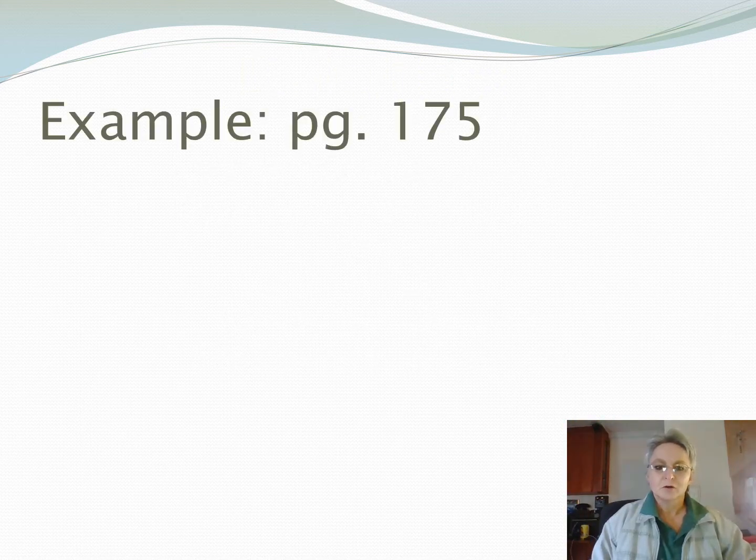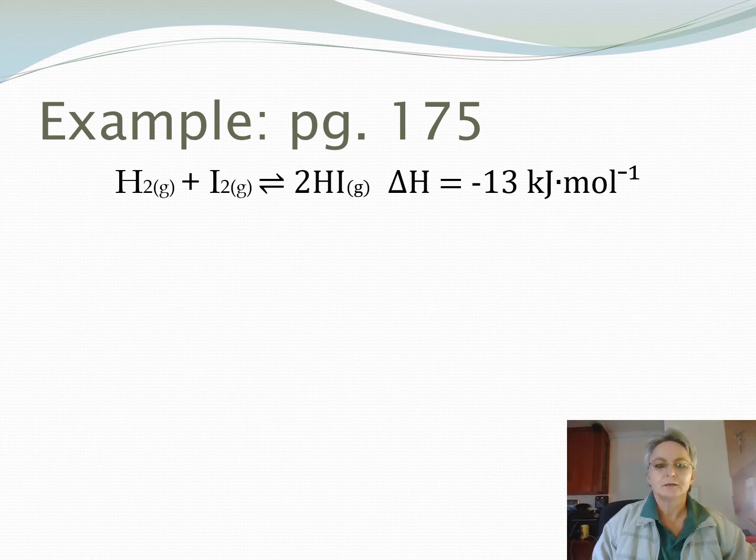Our first example is on page 175 of your textbook. We're looking at the reaction where hydrogen gas reacts with iodine gas to make hydrogen iodide gas. The ratio between the reagents is 1 to 1 to 2 moles.